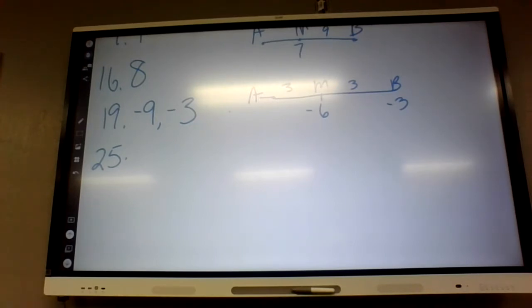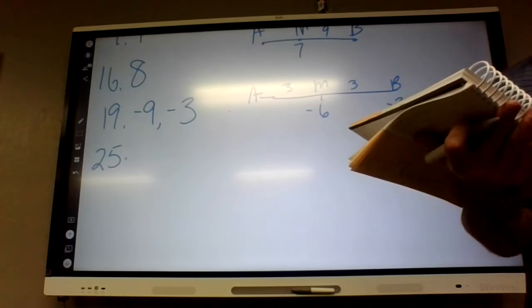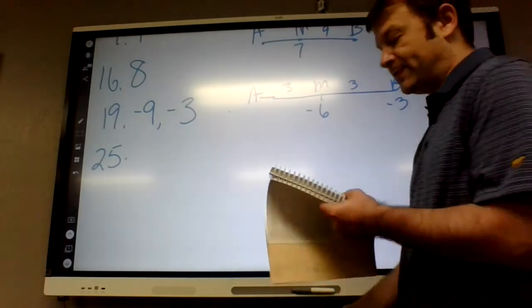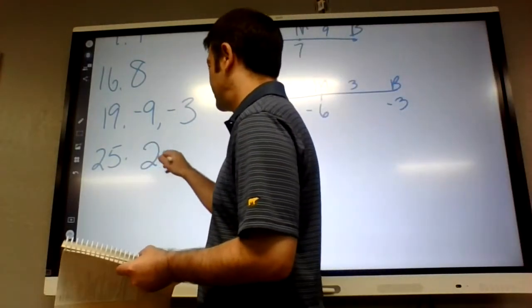If that is true, what do I know? TUW and VUW are equal. Those two little angles are equal to each other, right? So just set them equal: 2x minus 5 equals 3x minus 22.